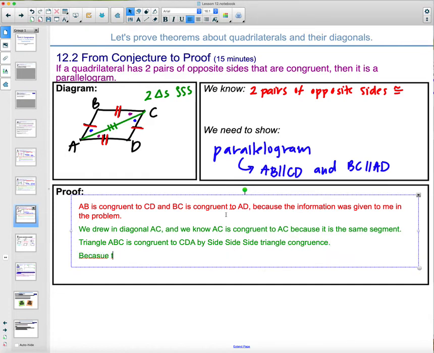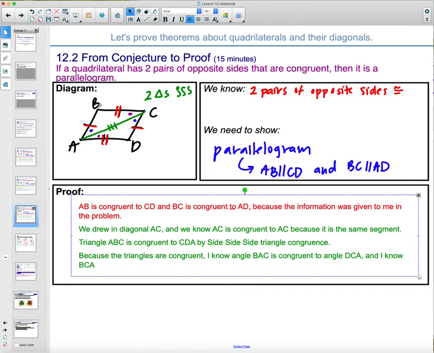Because the triangles are congruent, I know angle BAC is congruent to angle DCA. And I know angle BCA, this other set, this purple set, is congruent to DAC.